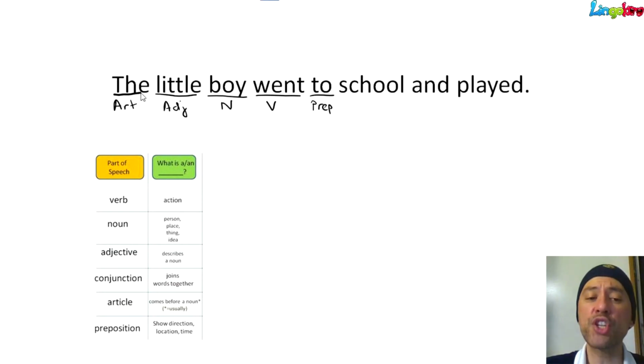Okay, a preposition of direction. Okay? School is another noun. And is a conjunction. And then finally, played is another verb. Okay? So the little boy went to school and played. So we wrote the part of speech for each of the words in the sentence.